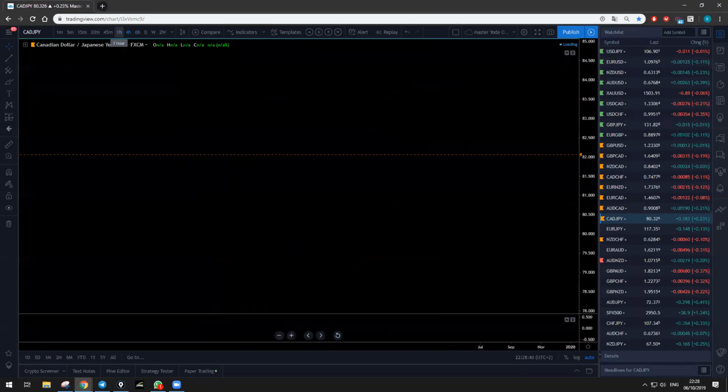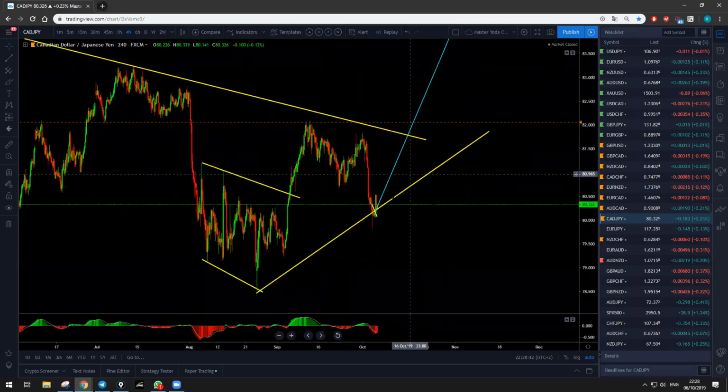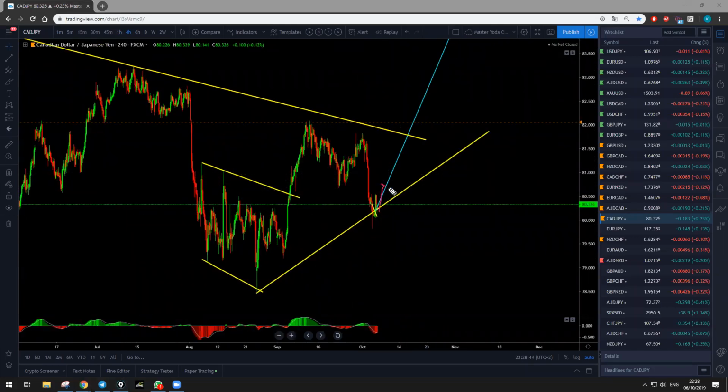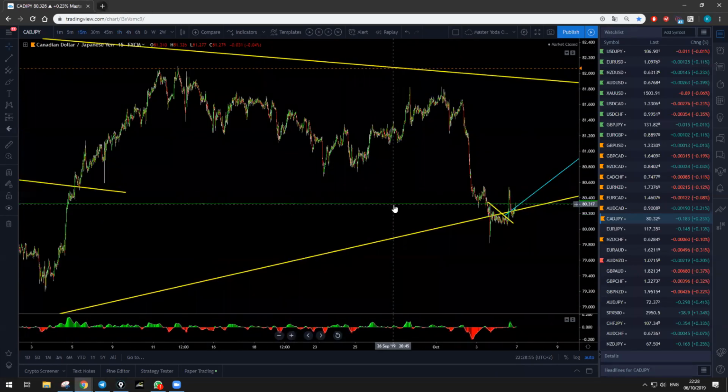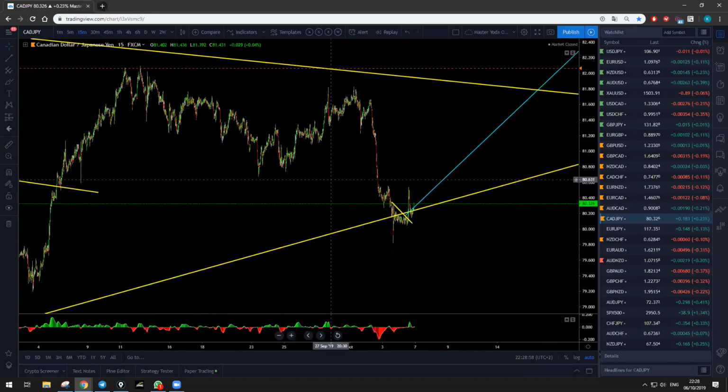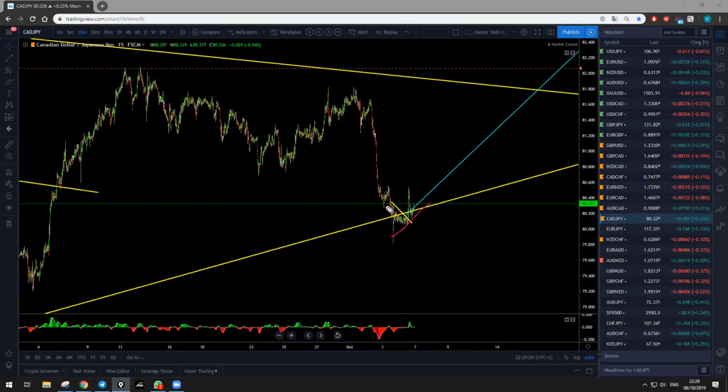I will stay away from it until I see a reaction and then a correction. This will confirm our buy. If we get that kind of correction, that will confirm our buy, and you will be able to buy. But for now, stay away, because that kind of pattern can simply break to the downside really aggressively. So I would rather wait for that kind of correction, and then the price will continue to the upside.